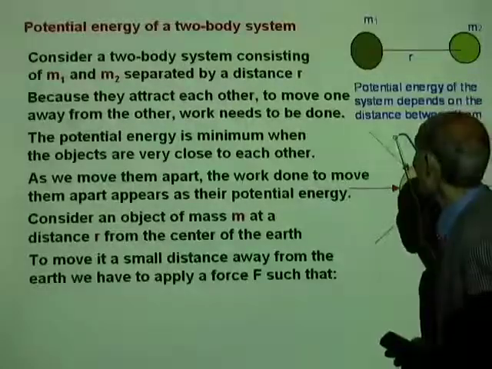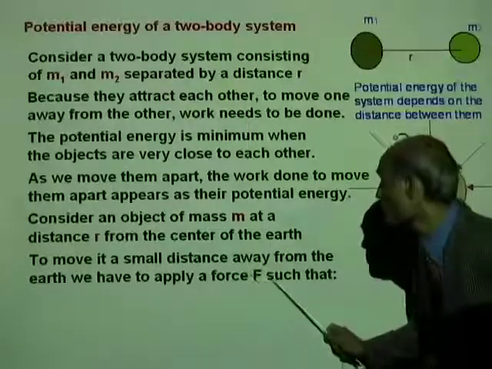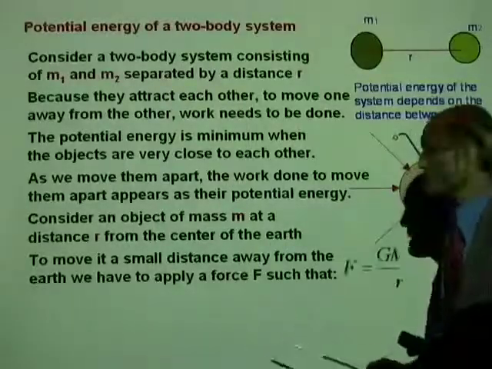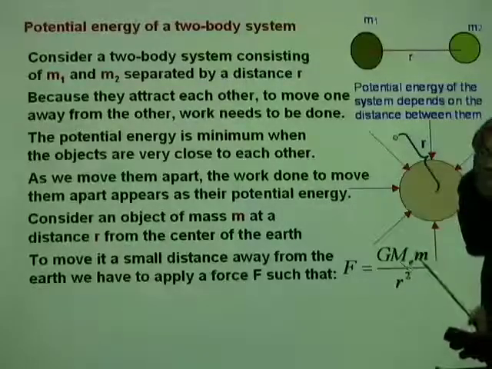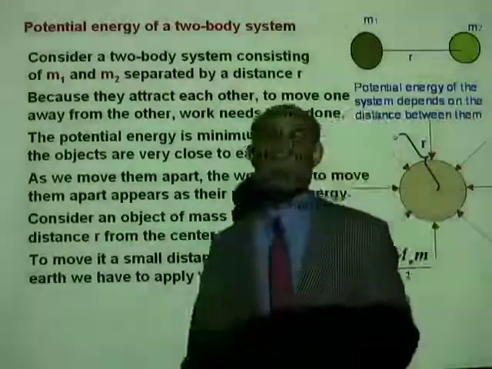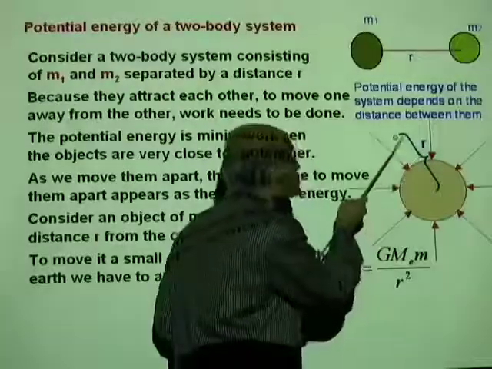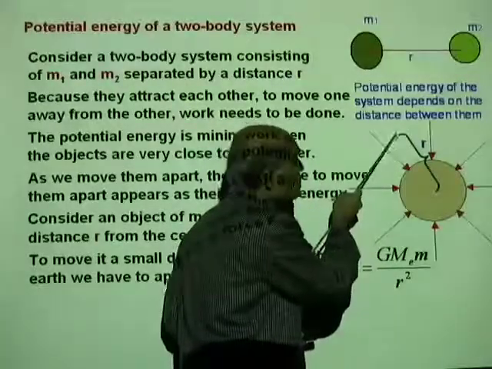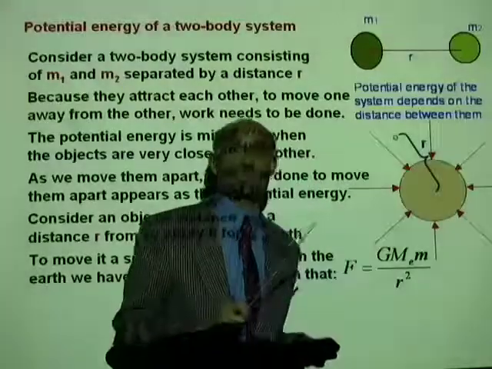That means if I want to move this object, I need to apply a force F on it, such that F equals G ME m over r squared. Well, what does that mean? It means that force depends on this distance r. As the distance changes, the force will also change.